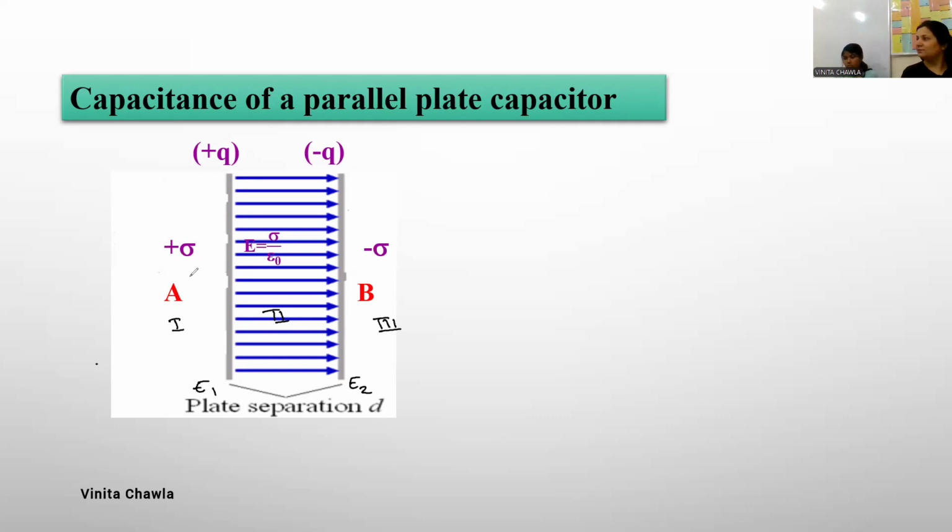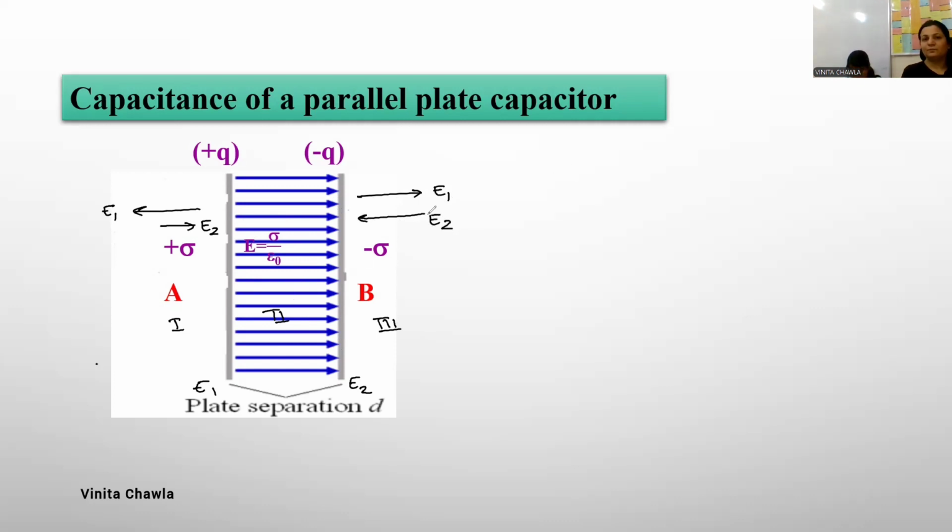Away from the charge. What is the direction of E2? Towards the negative charge. Similarly in region 3, E1 is away from the positive charge, and E2 is towards the negative charge.